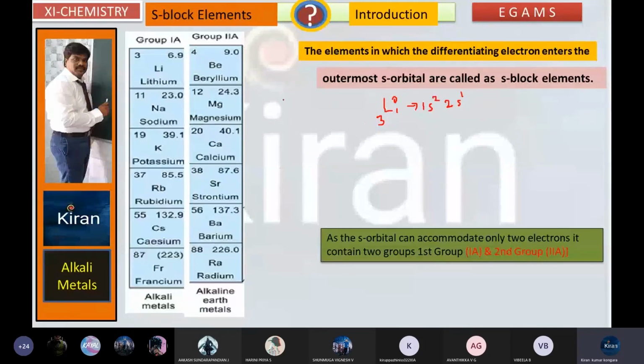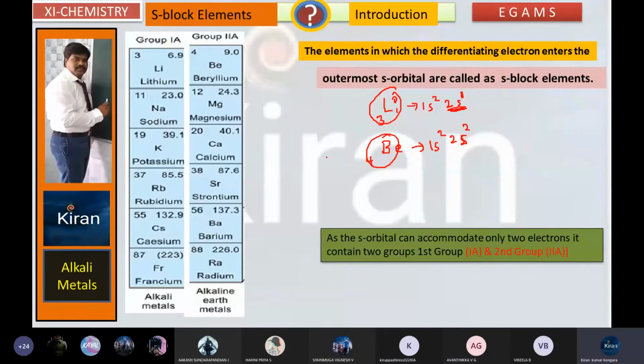In the second A group, taking one more element, beryllium. Its atomic number is 4 and its electronic configuration is 1s2, 2s2. So this is the last shell, the s orbital ends with 1 electron. Here also the last electron is present in the s orbital. So both elements belong to the s block.